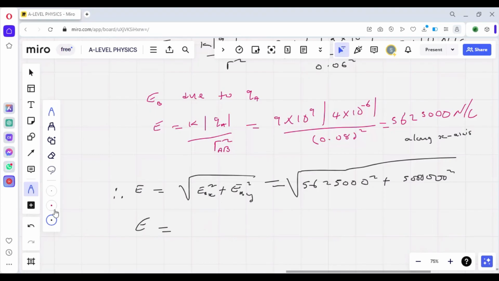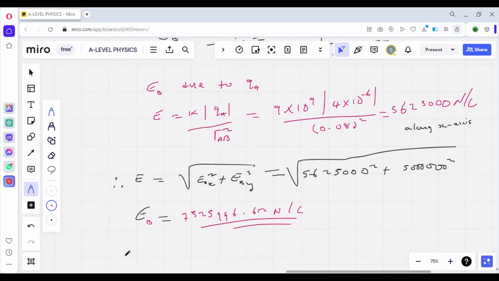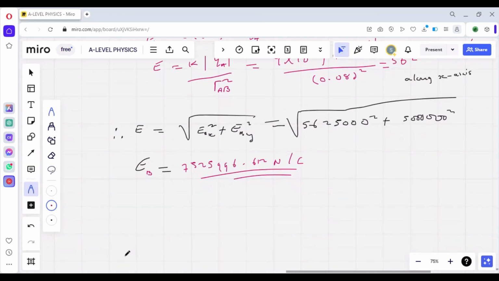When we compute this, we are getting 7,526,612 newtons per coulomb as the electric field at point B. This is the total electric field at point B.